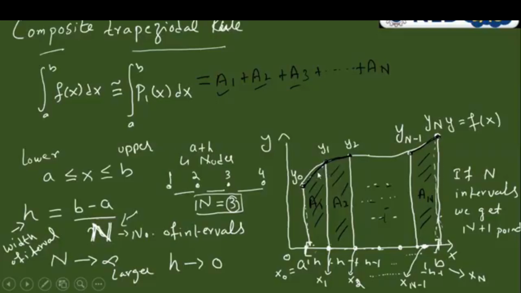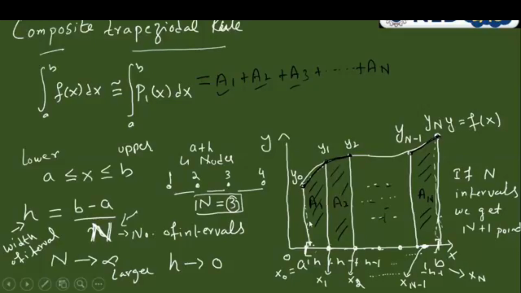I am writing that in the next slide to conclude this topic, because in the end you have to memorize the formula. In the case of the trapezoidal rule, the integral of f of x dx from a to b is approximately equal to A1 and so on. Now I have to compute A1. A1 is this area.